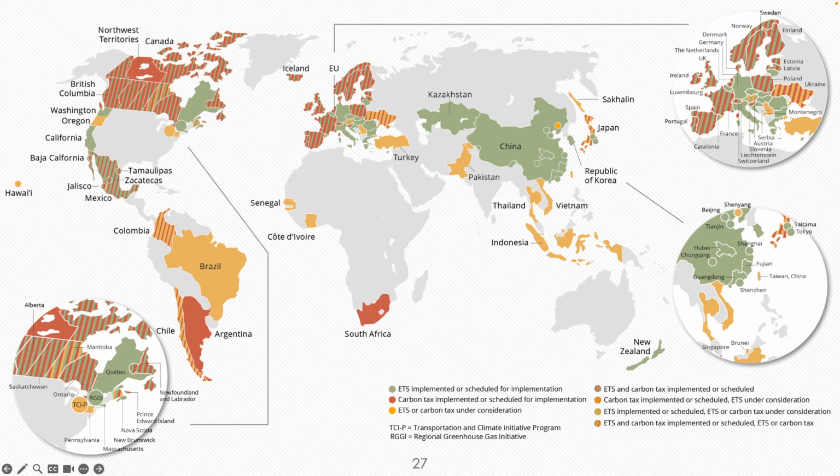And then I mentioned that a couple of provinces in Canada joined up with California, and so you can see it's shaded in red and green, which means that they have both an emissions trading scheme and a carbon tax. Okay. Countries in red are those that have a carbon tax as opposed to an emissions trading scheme, and those in yellow are considering it. Yeah, and then the stripes are like multiple things.